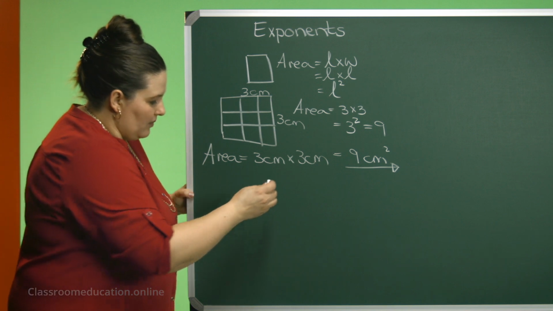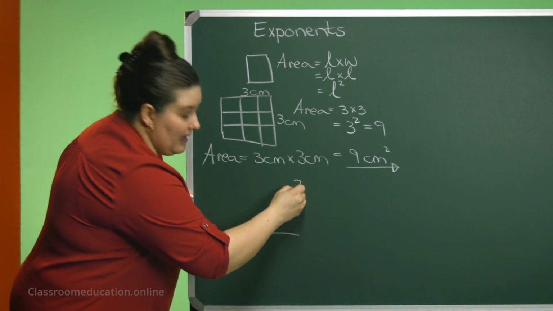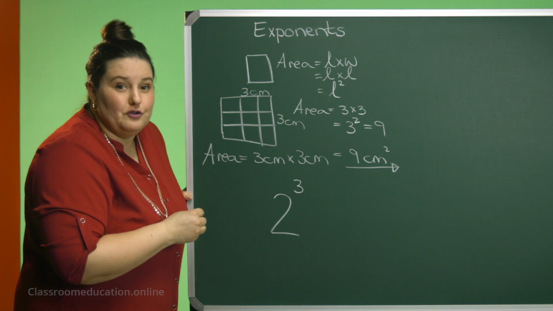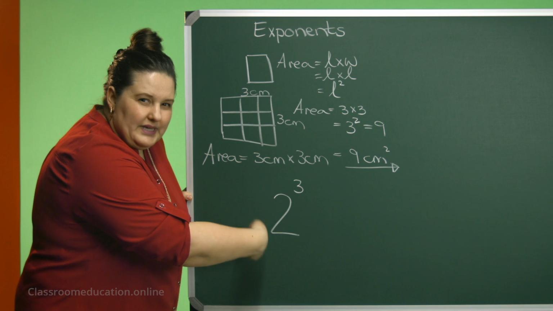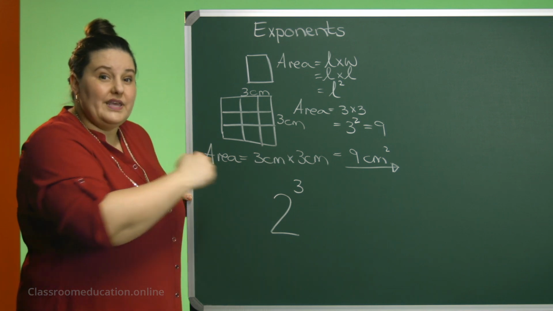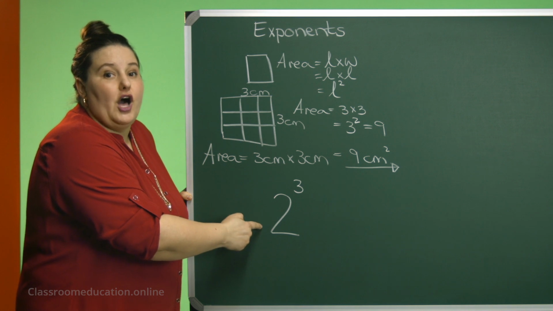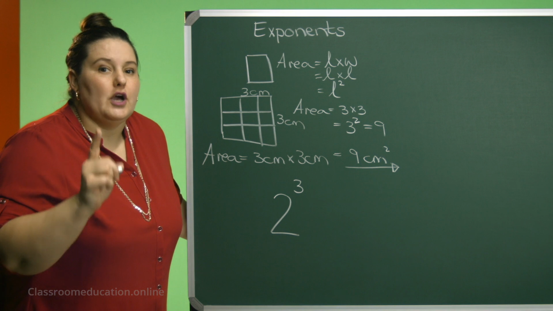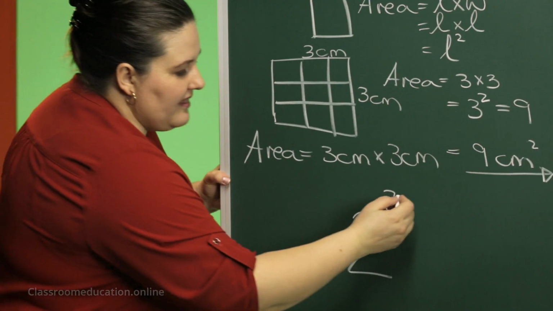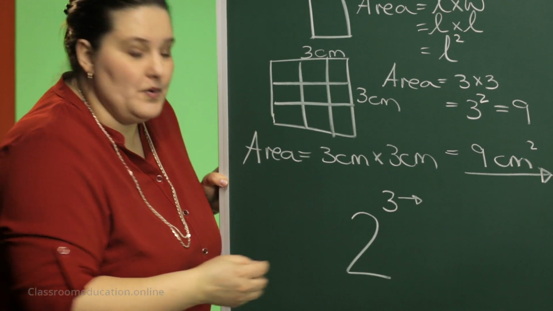Okay, now, if I have the following, I'm writing it a bit bigger for you to make sure that you understand. How will we read this? We can read this by saying 2 to the power of 3, or we can say 2 cubed. And that 3 represents the exponent.